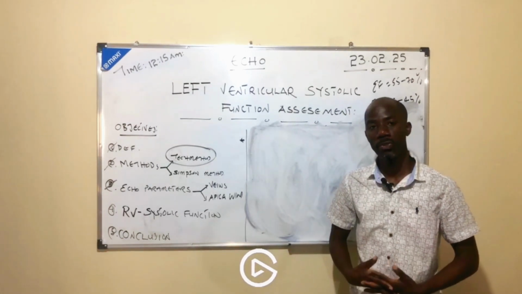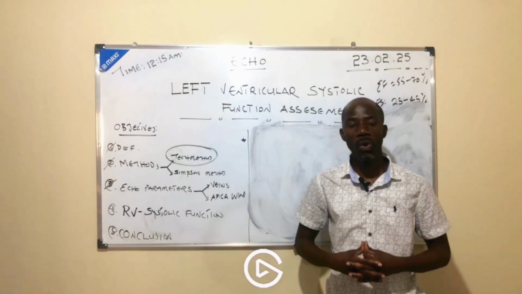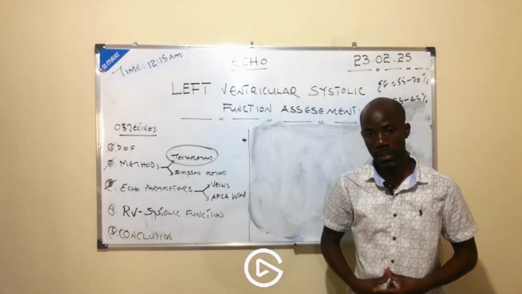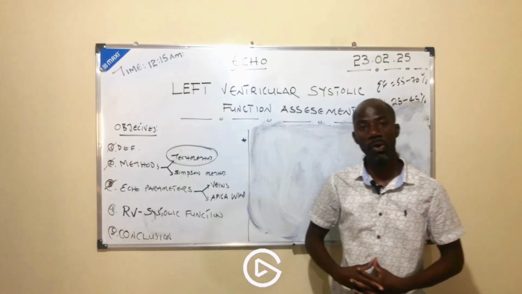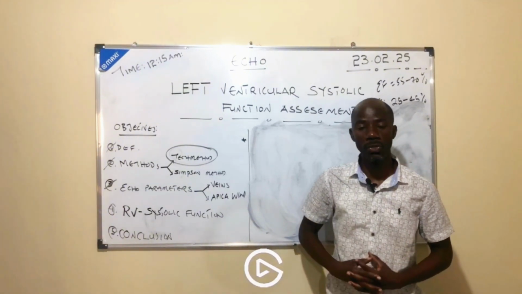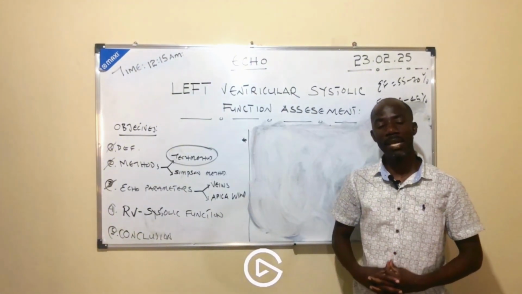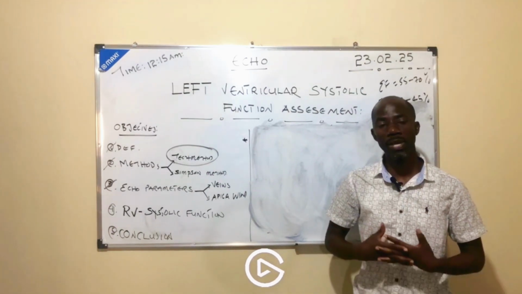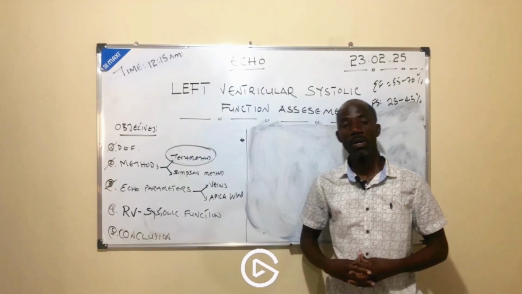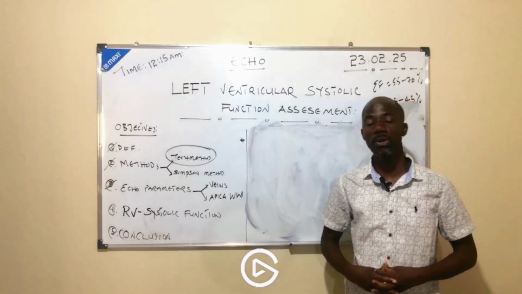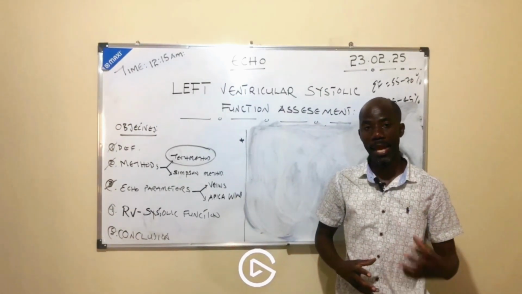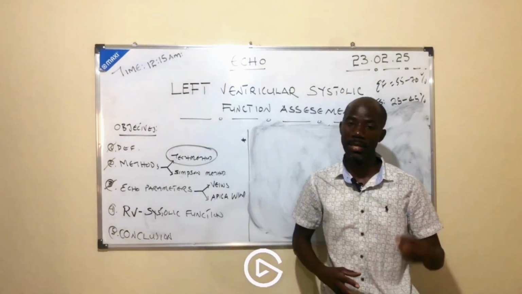The biplane method is where you use the M mode to assess and measure the ventricle. And remember, we said the M mode also helps you to measure or assess the cardiac cycle and also the dimensions. Under dimensions, it will help us to quantify the thickness of the intraventricular septum in systole and in diastole, and also the left ventricle internal diameter in diastole and in systole.